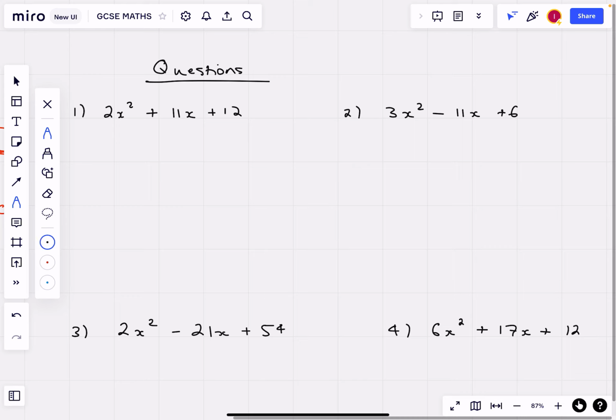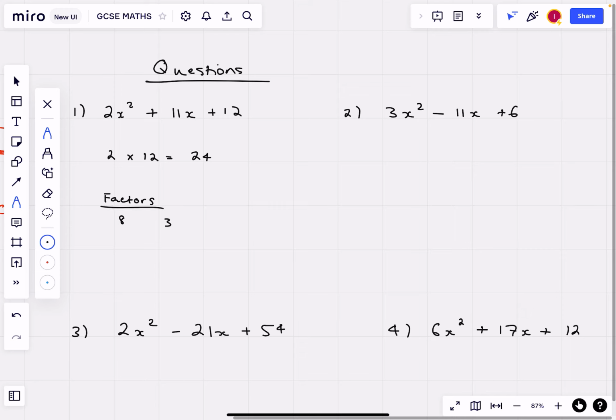Okay, let me go through question 1. We take our first number, we multiply it by our last number. 2 times 12 gives us 24. 2 numbers that multiply to give 24, but add to give 11. 8 and 3. So our factors are 8 and 3, both positive.